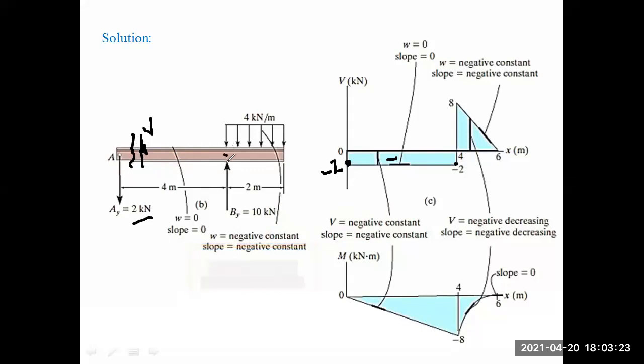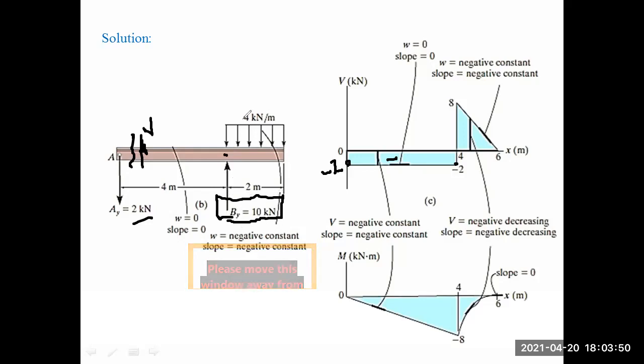Well, prior to this point, in fact, we have two things that would disturb the shear force. One is the reaction, the other one is the distributed force. The distributed load is not a point load, so it wouldn't change the shear force immediately. The reaction would change the shear force immediately, so there would be a jump because of this reaction.